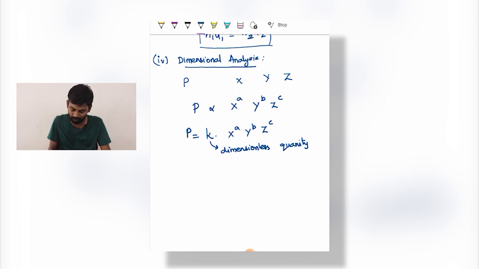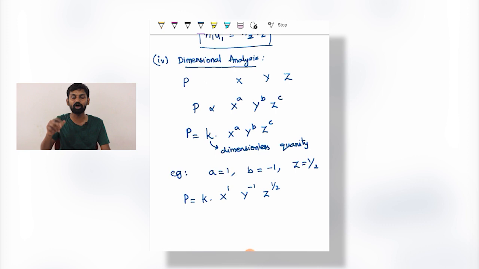Just as an example, I will tell you. Suppose I get A is equal to 1, B is equal to minus 1 and C is equal to 1 by 2. Then I can write P is equal to K into X power 1, Y power minus 1, Z power 1 by 2.